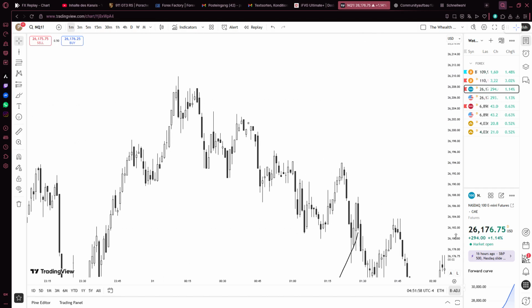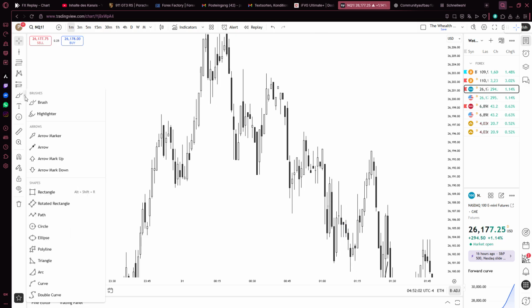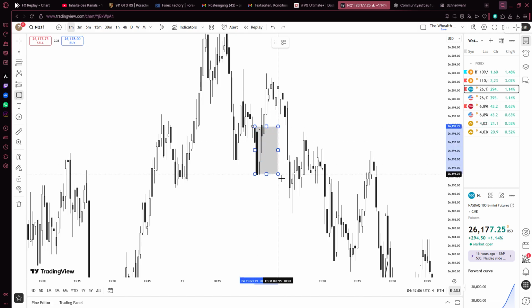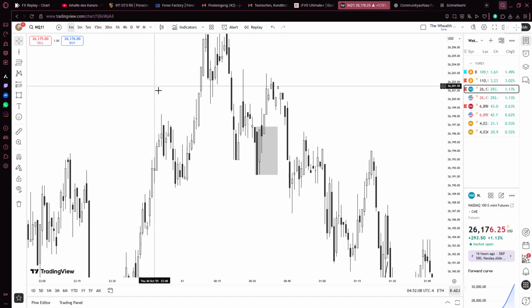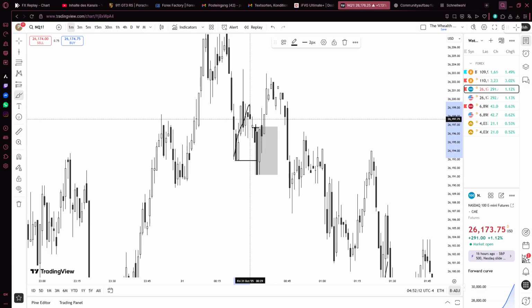Let me search for an example. Here, right here. We swept liquidity. These are the last downwards candles. Swept liquidity, closed back above.